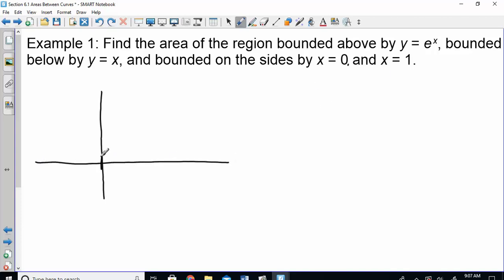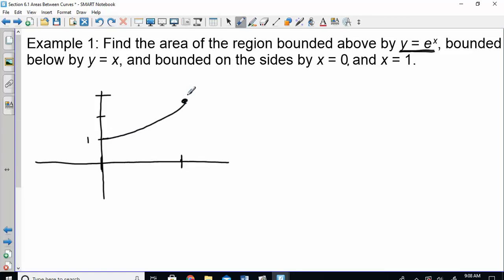We're going from x equals 0 to x equals 1, right? So a lot of times if I'm trying to make my picture accurate, I'll plug those into my equation. So e to the 0, anything to the 0 power is 1. E to the first, that would just be e, which is like 2.7. So when I plug in a 1, I get out like a 2.7.